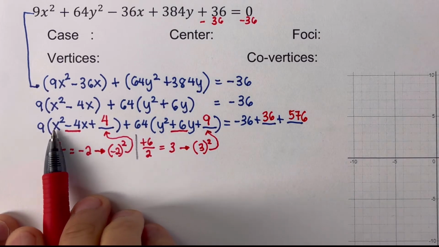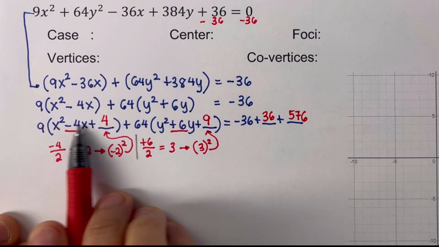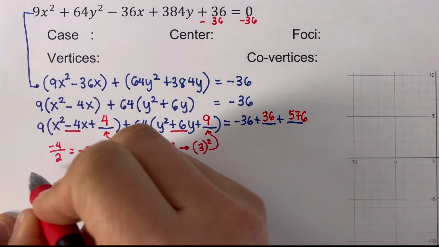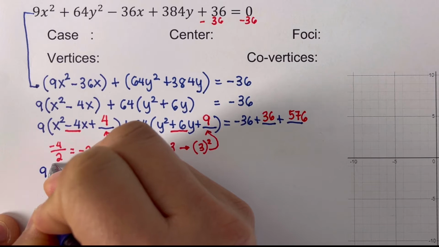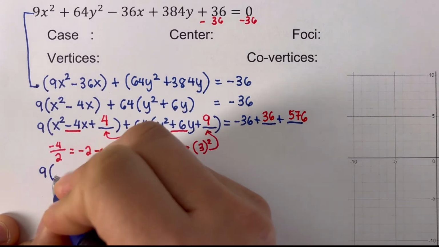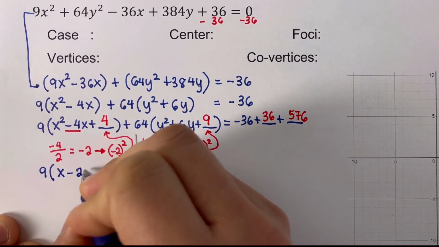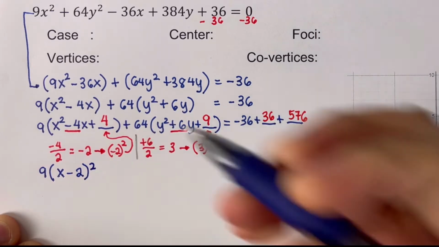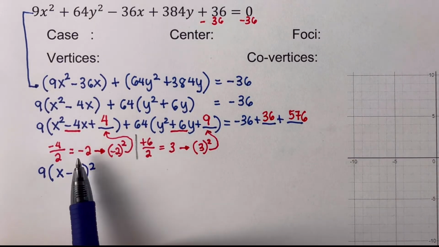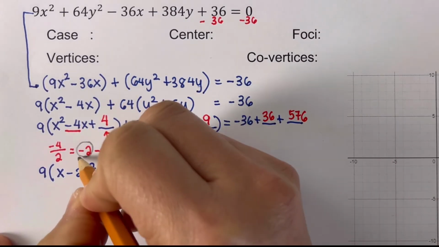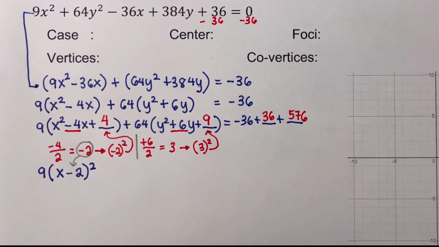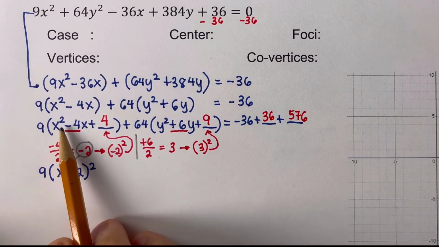So I go ahead and simplify this. Now, looking at this, this is already a perfect square trinomial. So I can go ahead and write this as 9 times, and this is x minus 2. Now, what is the easiest way to rewrite this? Whatever this value right here is, that's the one that we pair up here. Or we can just use the box and diamond for this.